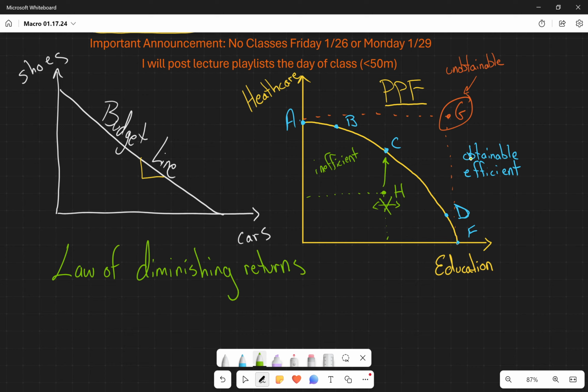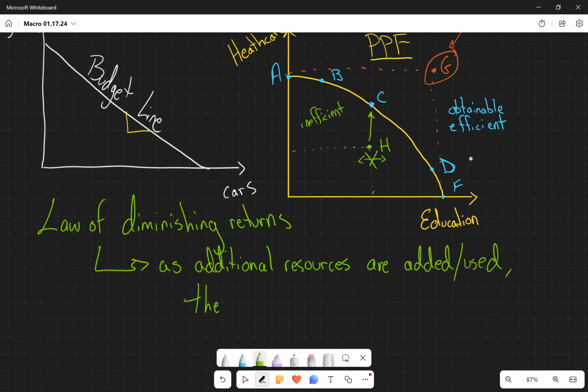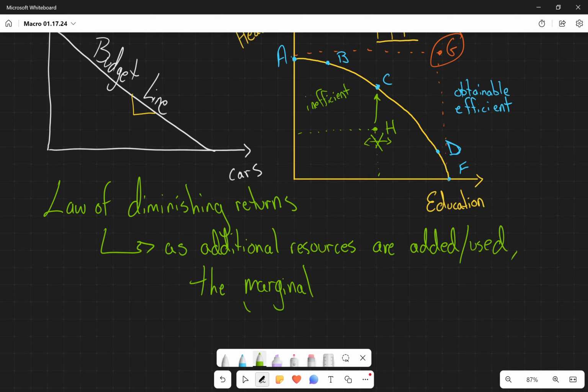This law of diminishing returns tells us that as additional resources are added and used, the marginal benefit will decline. And I know some of you are like, marginal, what the heck does this mean? Margin? Like butter substitution? No. Anytime we have marginal in economics, we can always replace this with the word incremental, which is just talking about the added or the extra benefits.